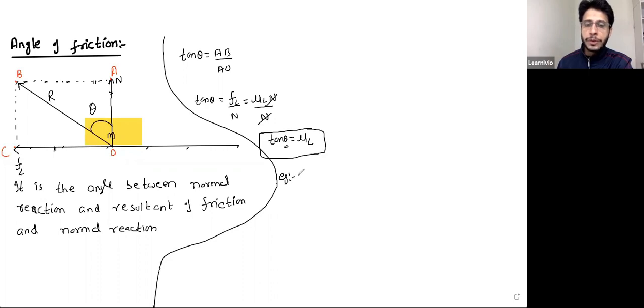So we could use this in numericals, like if you have an angle of friction for a rough surface of 30 degrees, calculate the coefficient of limiting friction.